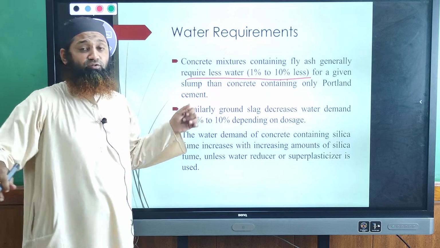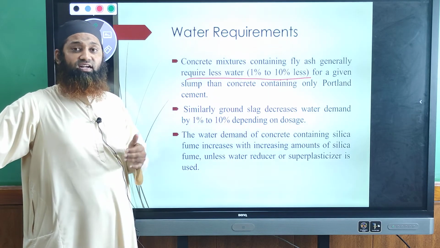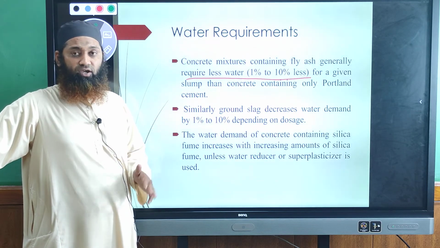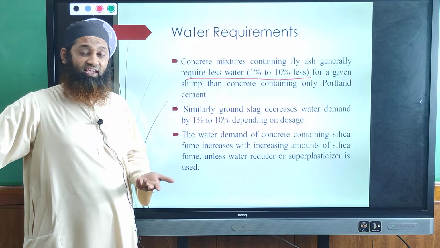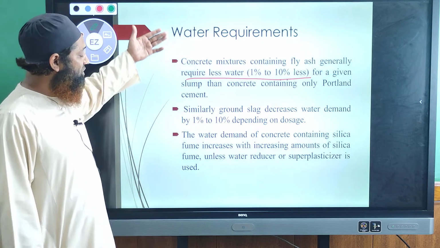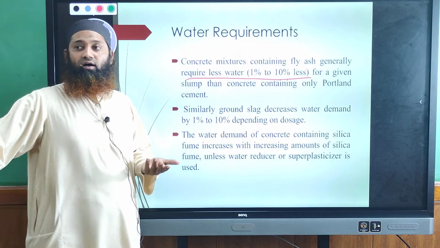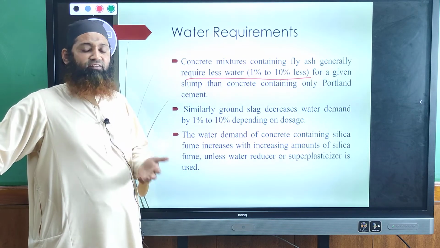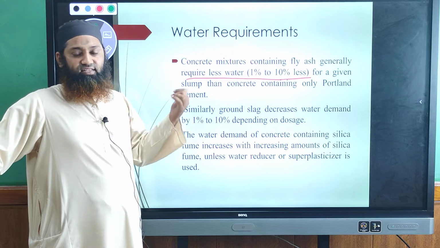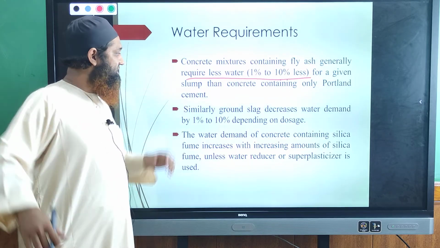This is the benefit we have achieved here. The water content has been reduced after adding the fly ash. If you calculate this water requirement over very large areas, this is a very beneficial advantage.